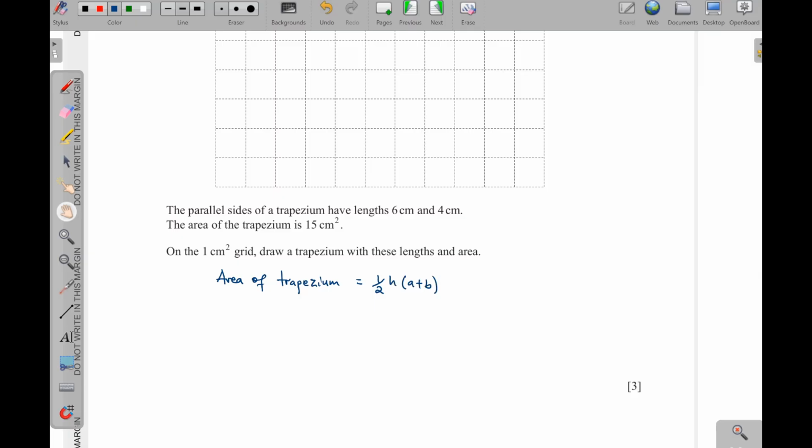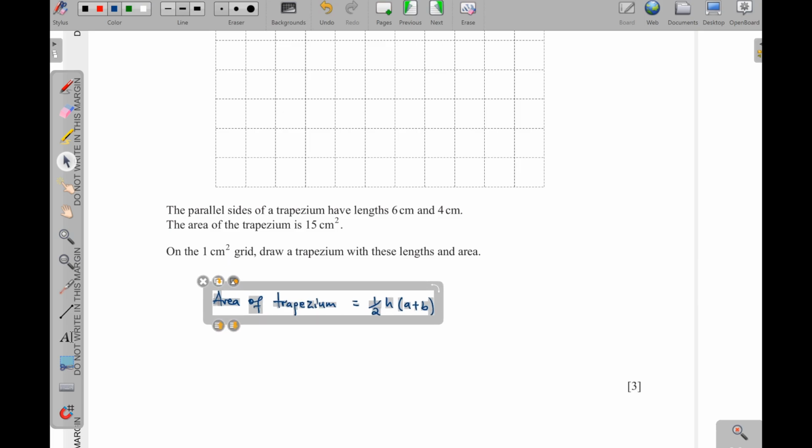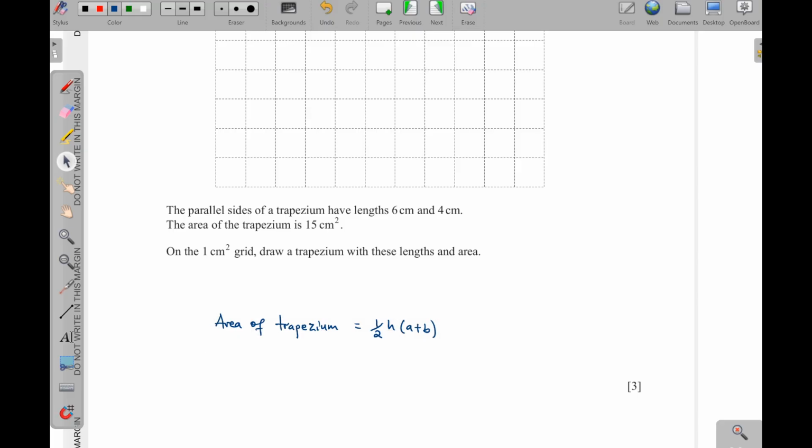If I have this trapezium here, this is our a, this is our b, and this has to be the h.